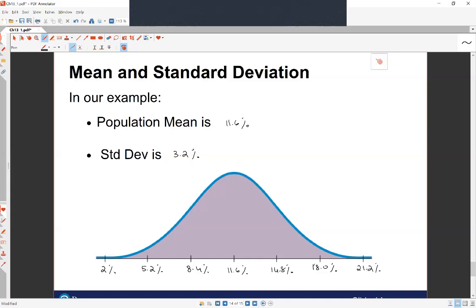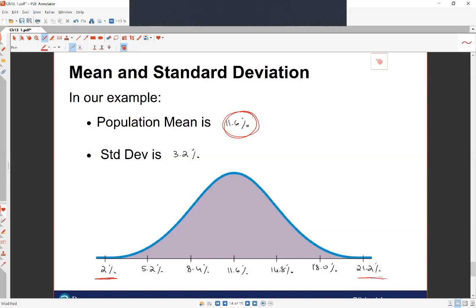So what this tells us is if the true population consists of a proportion of 11.6%, and we take a sample of size 100, then realistically, remember the true population value is 11.6%, but in our sample, it would be realistic to have anything from 2% all the way to 21.2%.